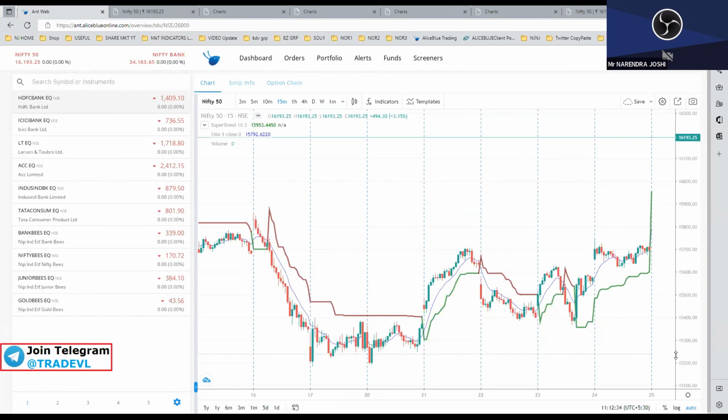The best is to trade high liquid instruments. You can even go for options, but options should be around at the money or around the price of the index or stocks. You will get the best liquidity. So best is to trade these high volume, high liquid instruments.